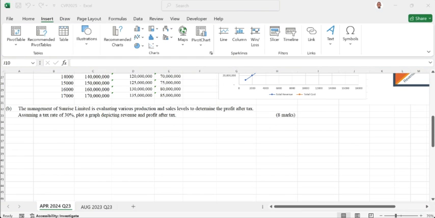Now, number 2: the management of Sunrise Limited is evaluating various production and sales revenues to determine the profit after tax. Assuming a profit tax of 30%, plot a graph depicting revenue and the profit after tax.